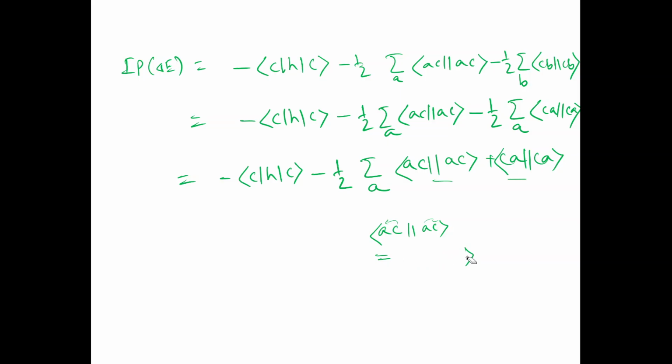Or maybe I can show you. This is your AC, AC minus AC, CA, right? Now, in the Dirac notation, this is your 1, 2, 1, 2. You can switch it.